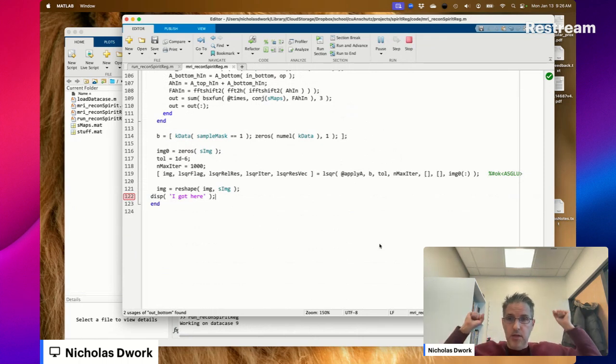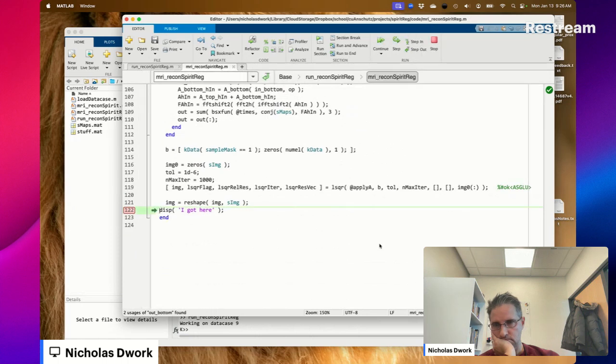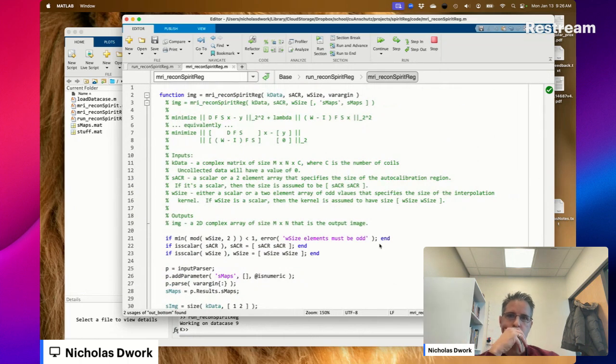It appears we're at the point where LSQR is running. Where's lambda? I forgot to include lambda.